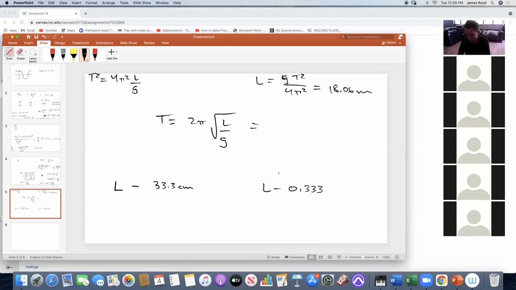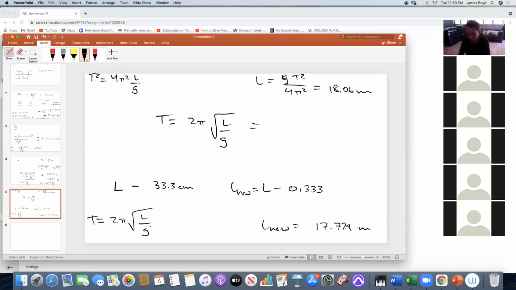18.062 minus 0.333. I get the new length is 17.729 meters. And my period would now be 2 pi square root of L over g.